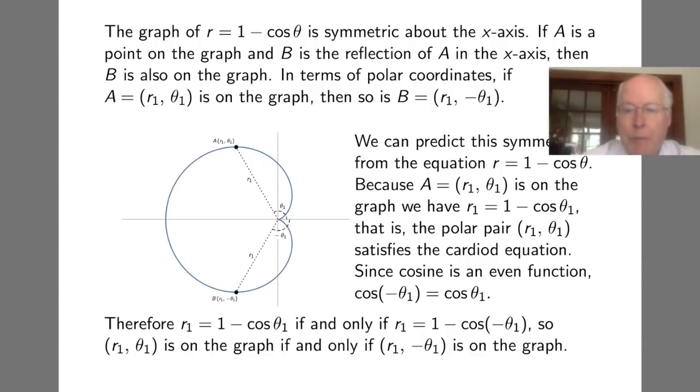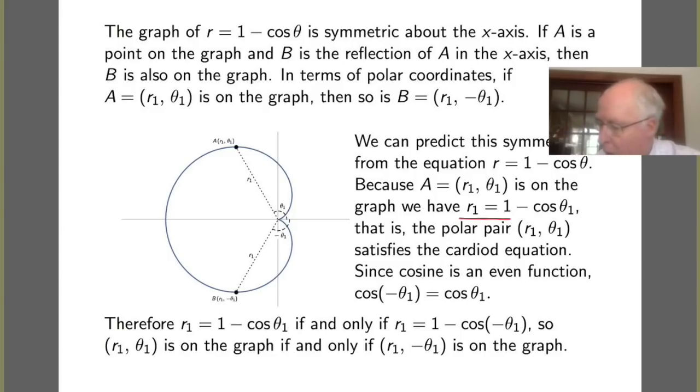We can predict this symmetry from the equation r equals 1 minus cosine theta. So if A equals r1, theta 1 is on the graph, that means we must have r1 equaling 1 minus cosine theta 1. So a graph is just a collection of the ordered pairs r comma theta that satisfy this given equation. Now cosine theta is an even function, so we also know that cosine of minus theta 1 equals cosine theta 1.